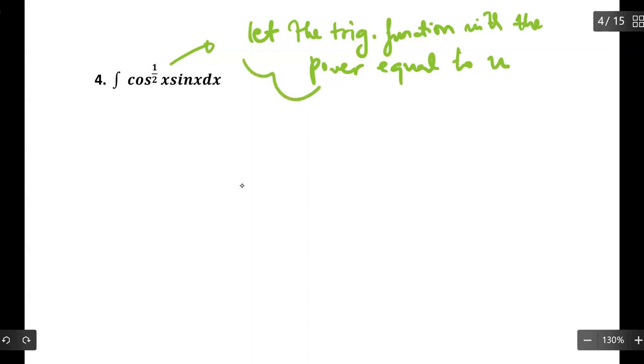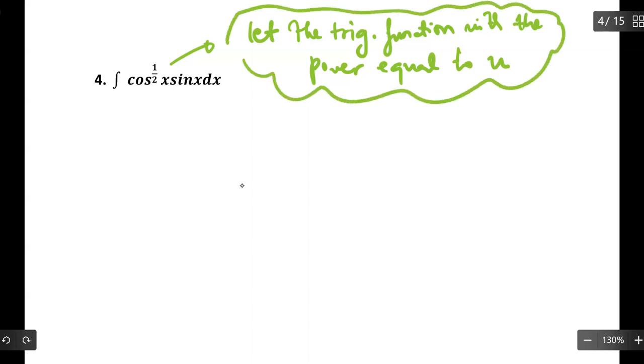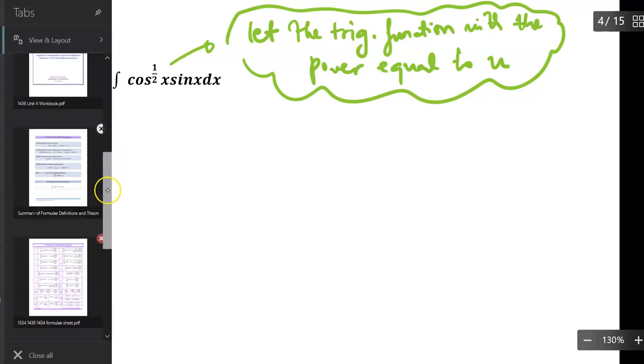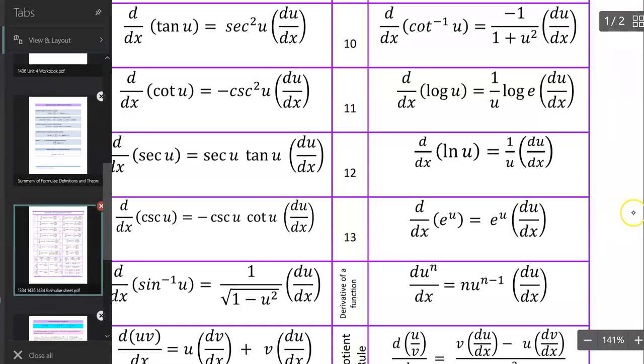That is the very fast rule, or a hint, that I would like to share. It works most of the time. However, if you have a square, then you have to be careful. So let's go to our formula sheet. I can tell you why I ask everyone to be careful.